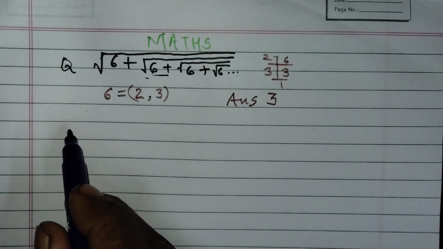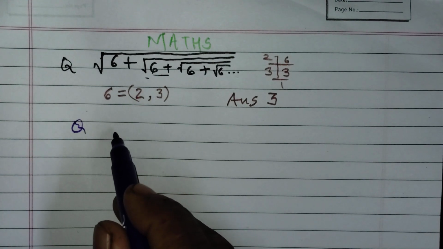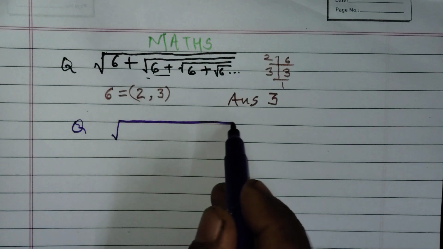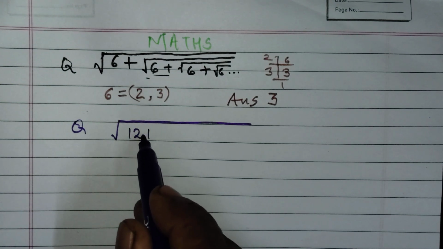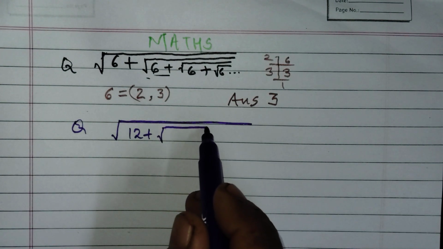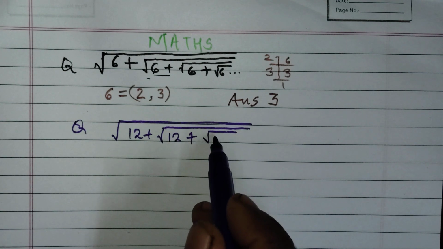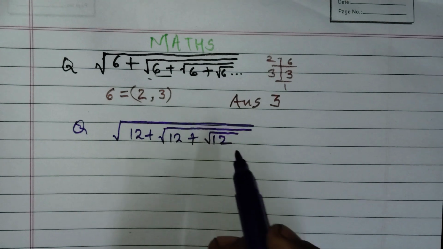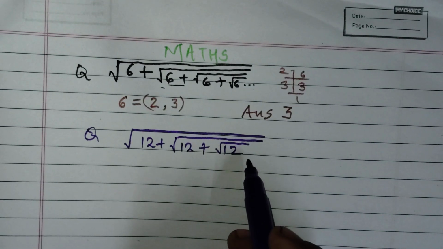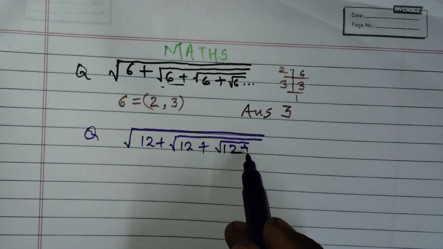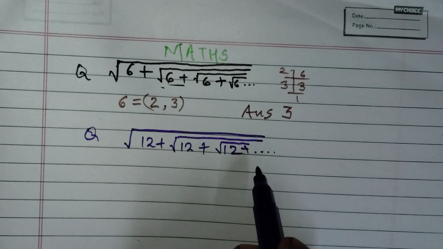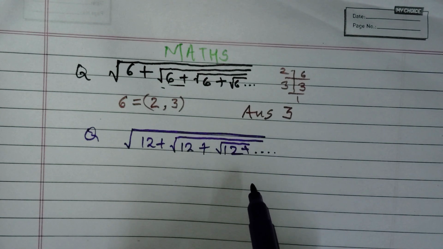Next question, take another question. For example, square root of 12 plus square root of 12 plus square root of 12 plus, with these three dots meaning infinite terms.